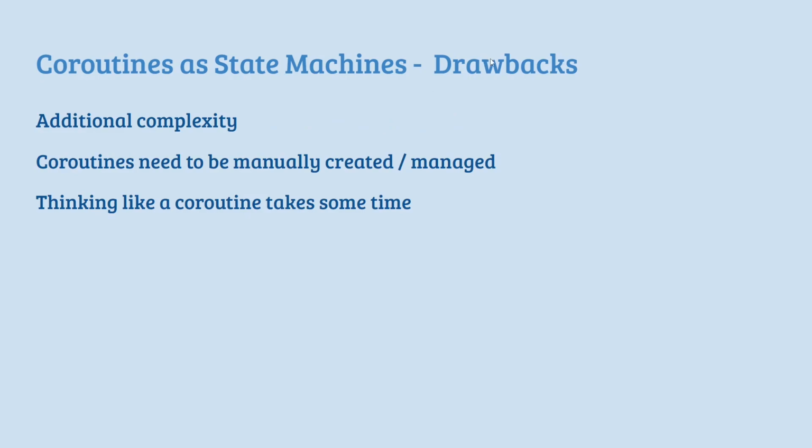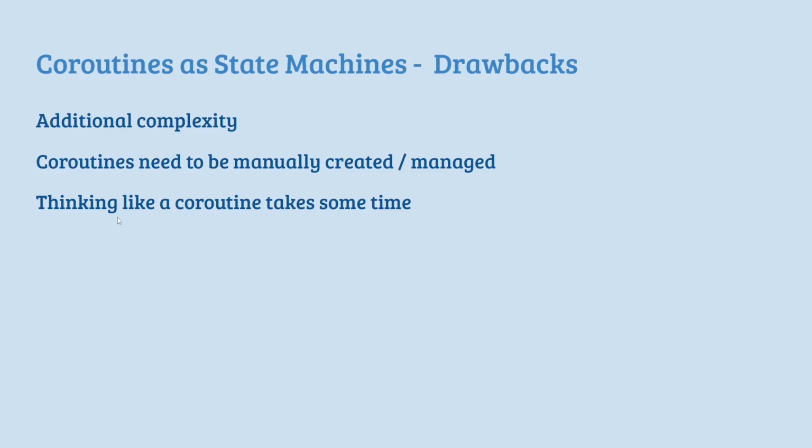So some of the drawbacks are that there is a certain amount of additional complexity. We'll have to manage the coroutines and their memory and things like that. Again, here they need to be manually created and managed. This is especially true in low-level languages where the memory needs to be managed. So you'll have to figure out when you can clear them, how to clear them, and make sure that the frames don't go out of context or the memory does not get reallocated, things like that.